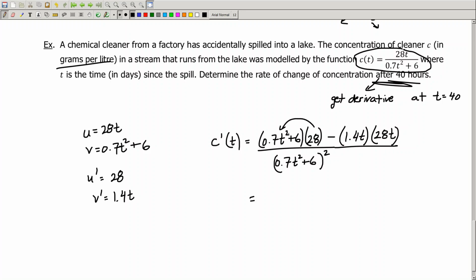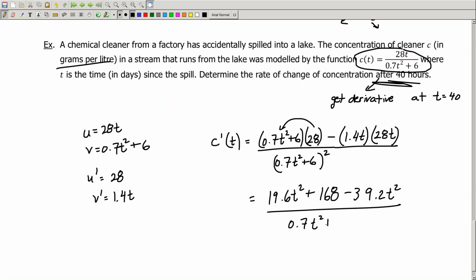But if I just distribute this in, just for argument's sake, I get 19.6 t squared plus 28 times 6, 168, and then 1.4 times 28 minus 39.2 t squared, over 0.7 t squared plus 6, all squared. 19.6 minus 39.2 is negative 19.6 t squared plus 168.